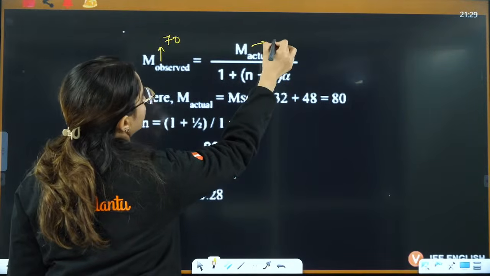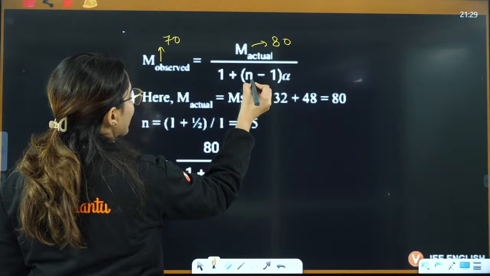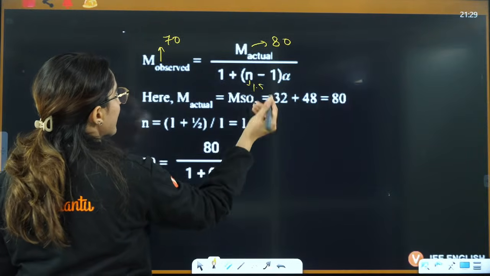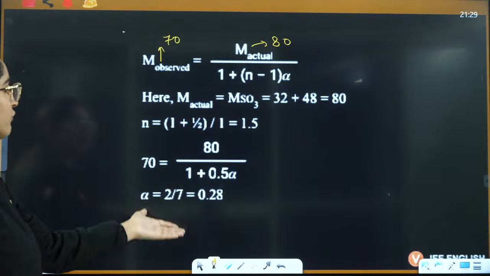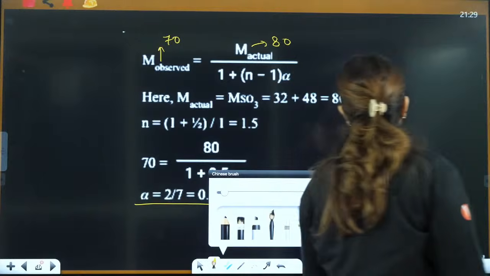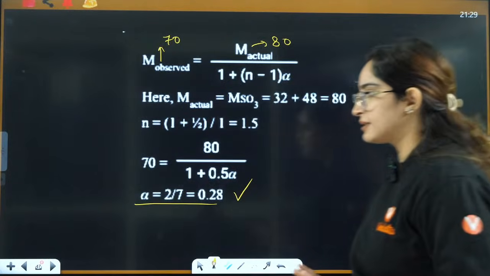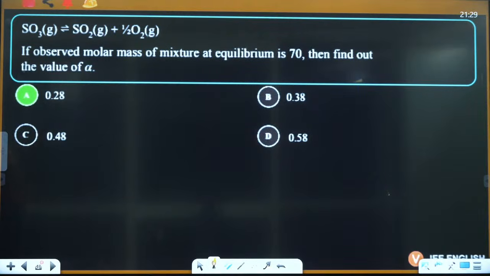This is given to be 80. And n is coming out to be 1.5 as we have calculated. You know all the values, calculate the value of alpha from there and that will be your answer. Okay, tell me, is that clear? Okay, students, tell me.